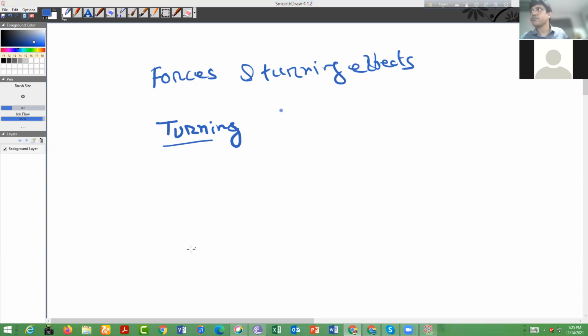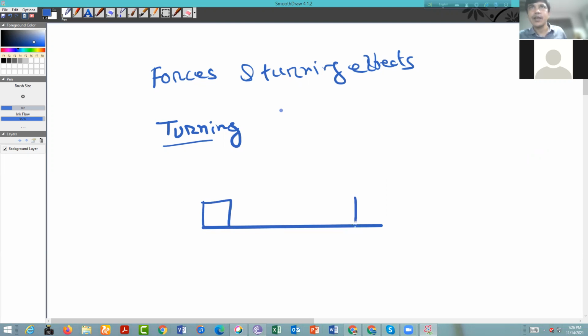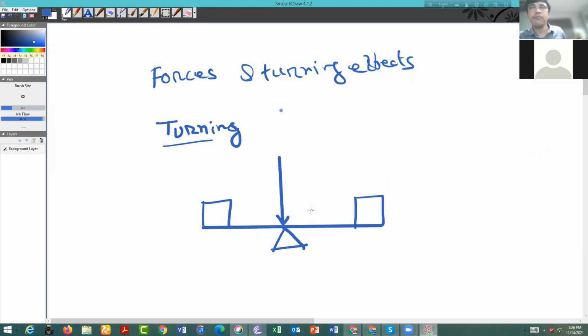So if we have something like this, this is an object, we are putting a box here, we are putting a box here, and we are putting a pyramid here. So the point it turns about is the pivot, P-I-V-O-T.